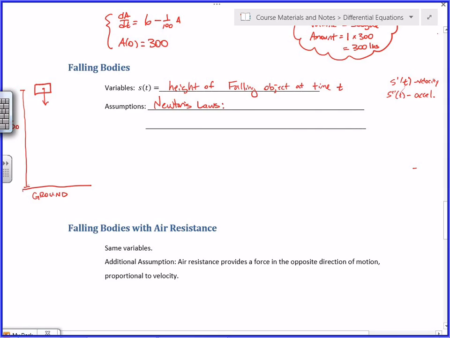All right, so s prime of t, s double prime of t. What I'm going to use is the fact that the force acting on an object can be summarized by the sum of all the forces acting on that object, and that resultant force will be equivalent to the mass times the acceleration of that object, or in our case, d squared s over dt squared, the second derivative of s with respect to t.